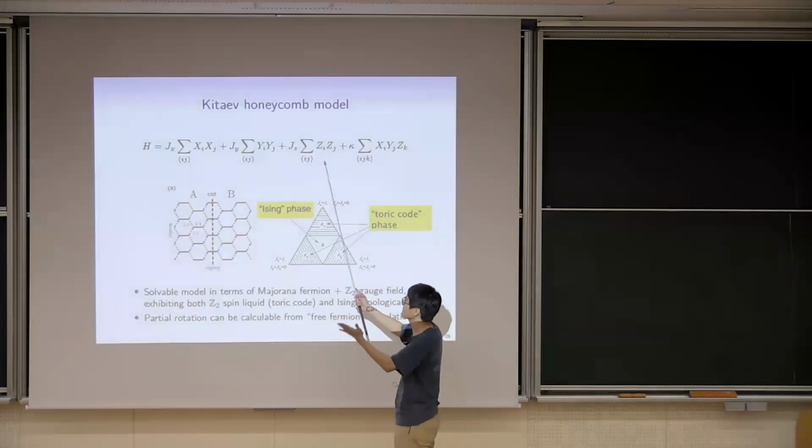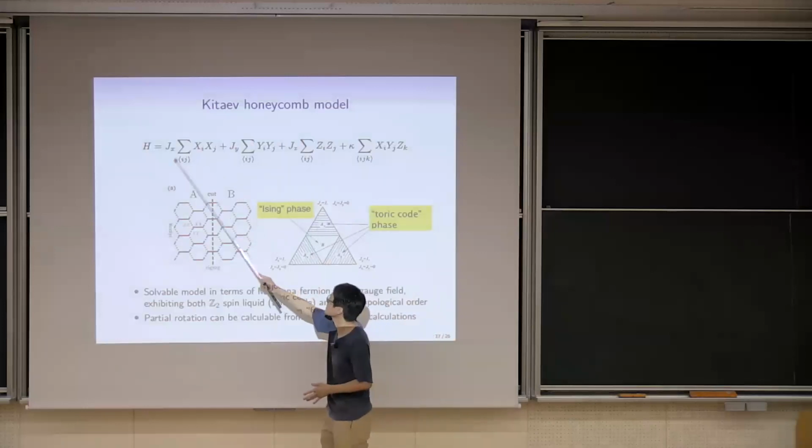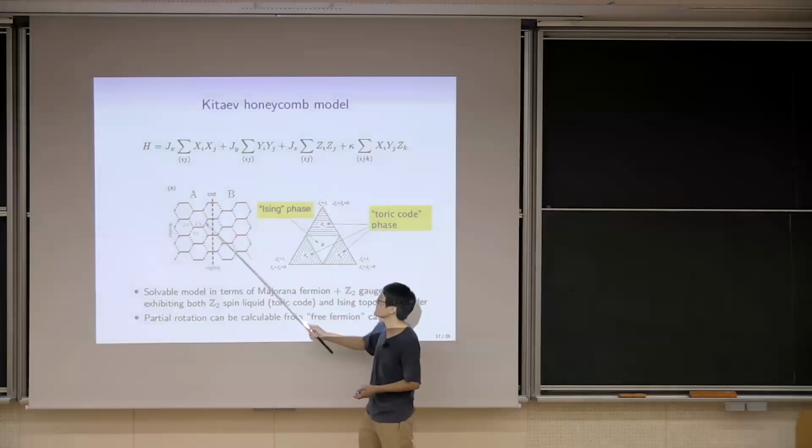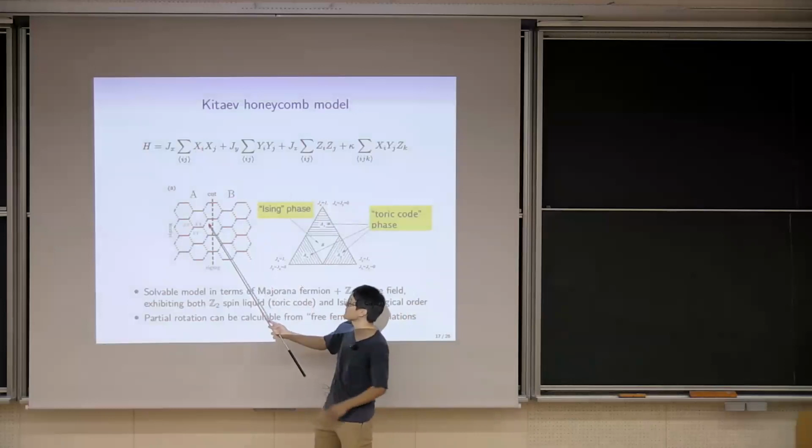It actually started with this famous paper by Kitaev, where he wrote down this model. It's a two-dimensional quantum spin model which is exactly solvable, and it is a honeycomb lattice model where the interaction depends on the direction of the bond.